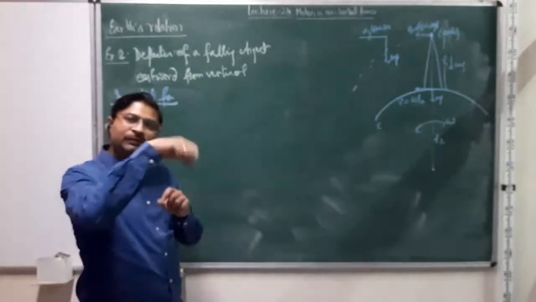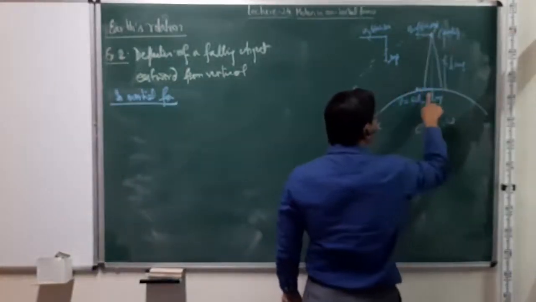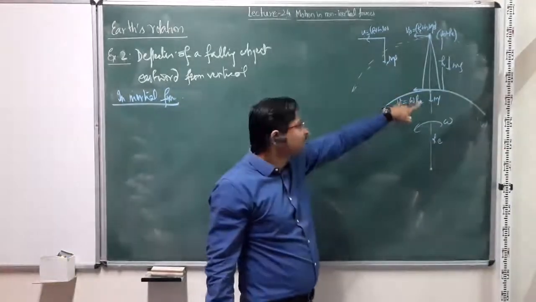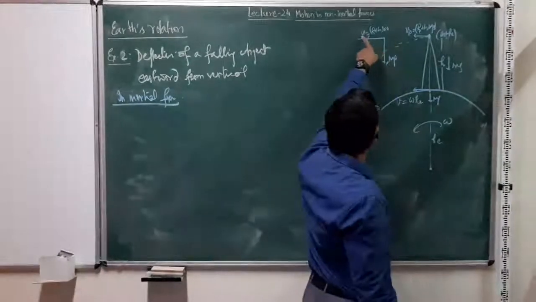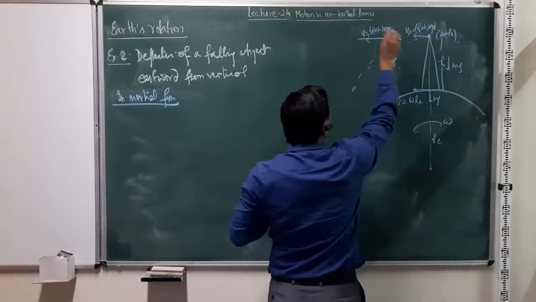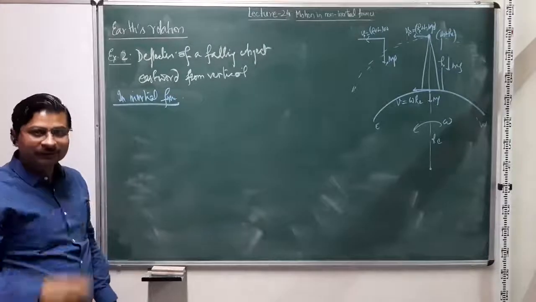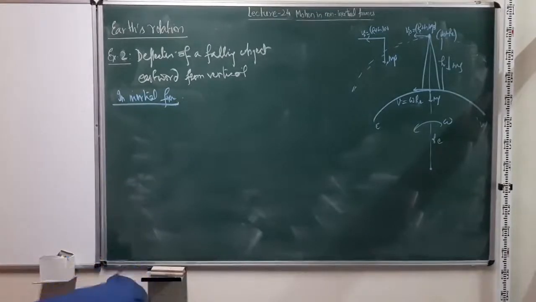So in a certain time t, the time it takes for the object to fall from here to here, this point would have moved V_t towards the east, and the object would have moved V_p t towards the east, and the difference of these two is going to give us the deflection. Okay, so that is qualitative.